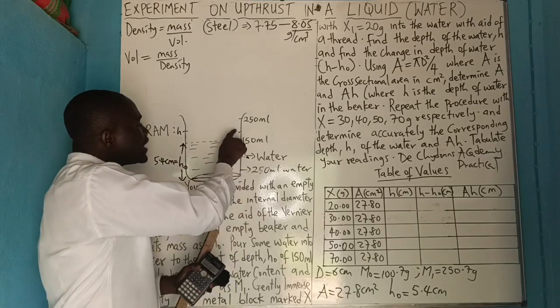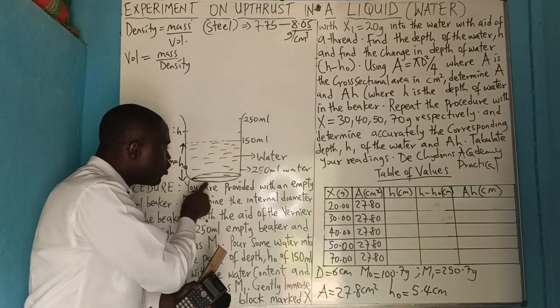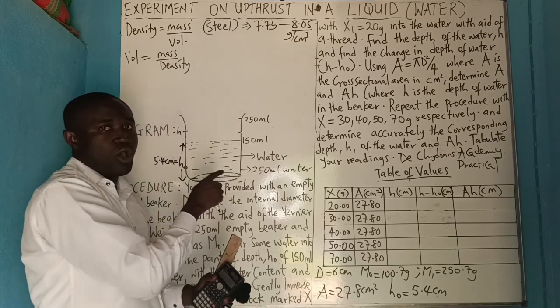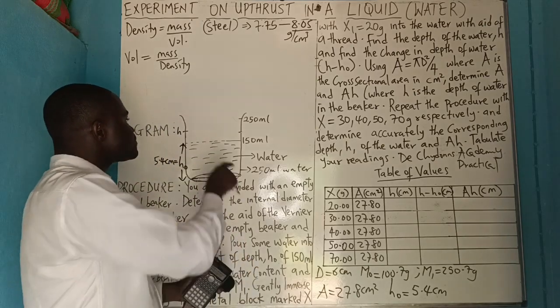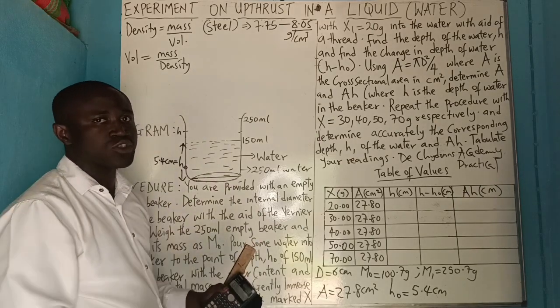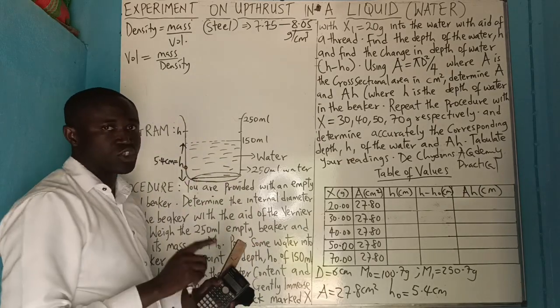The height of the water displaced times the area of that beaker will be giving you the volume of that steel.